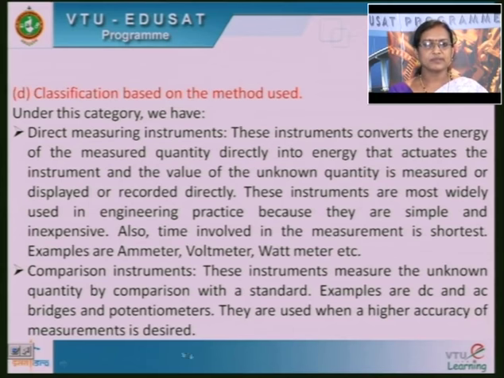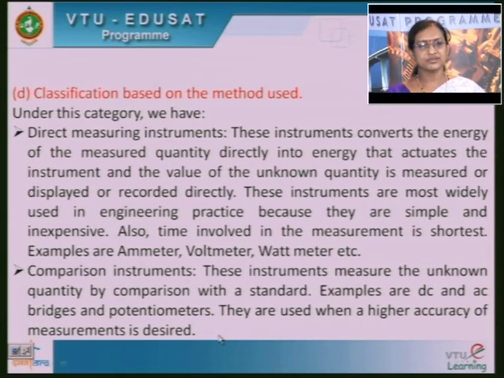In the case of comparison instruments, these instruments measure the unknown quantity by comparison with the standard. You measure the unknown parameter and then compare it with the standard value. That is why they are called comparison instruments. Examples are DC and AC bridges and potentiometers. They are used when higher accuracy of measurement is desired.